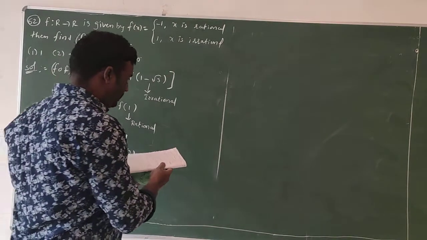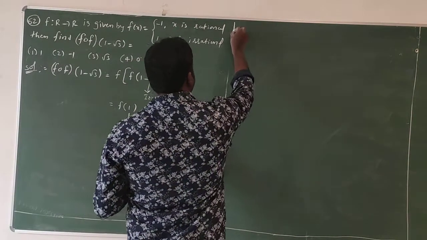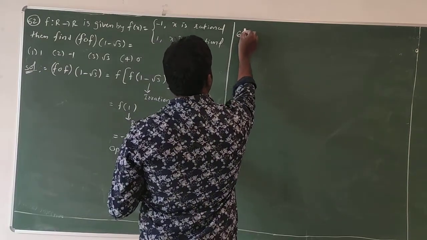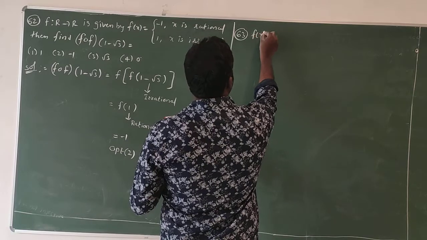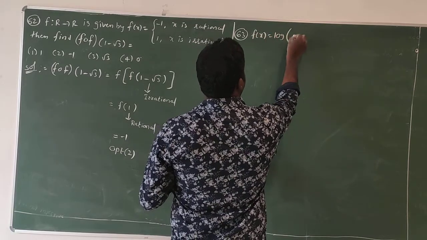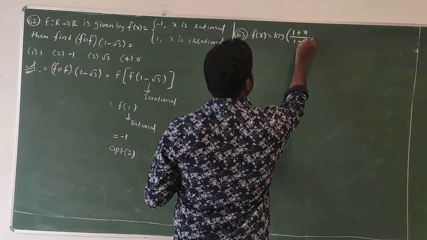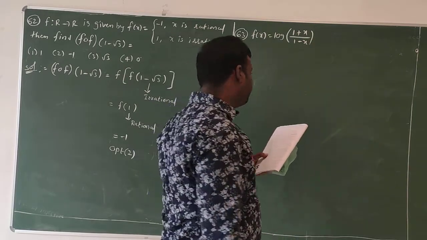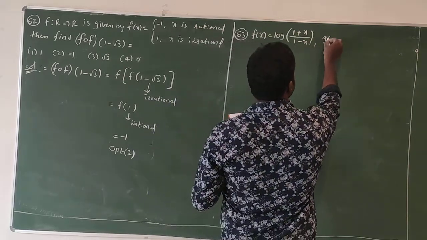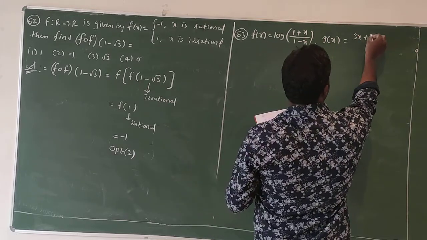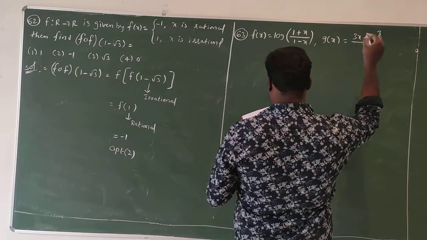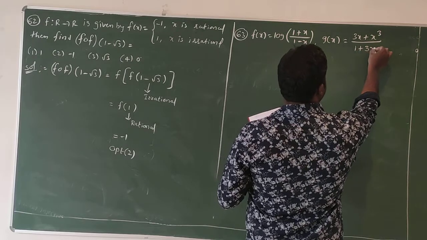Next, 63. They gave the function f of x equals log of 1 plus x by 1 minus x. g of x is given as 3x plus x cube by 1 plus 3x square.